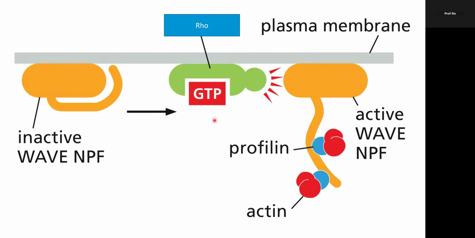Well, again, anything that holds GTP or ATP is there to activate or deactivate something, right? So when we activate Rho, Rho is going to go in and activate our inactive WASP NPF. The inactive WASP NPF, due to its conformational change because of this GTP, is going to open up and allow profilin, sorry, to bring subunits in.